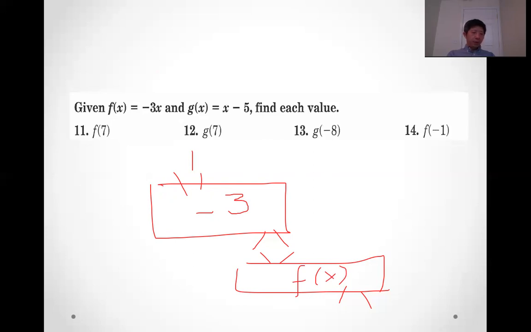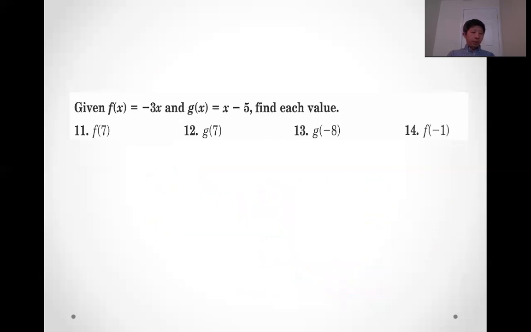Since this is negative 3x, negative 3 times the negative 3, because x is replaced with negative 3, and then the answer will be 9. All right.